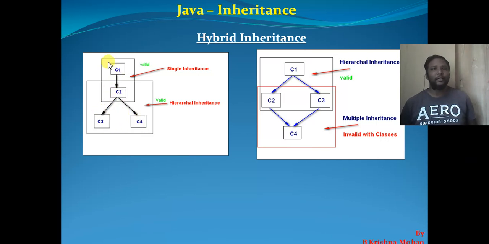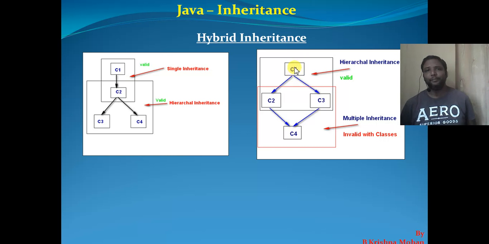Even in classes, single inheritance as well as hierarchical inheritance are valid. This combination of two or three types of inheritance is known as hybrid inheritance. So here it is possible, but see this one.